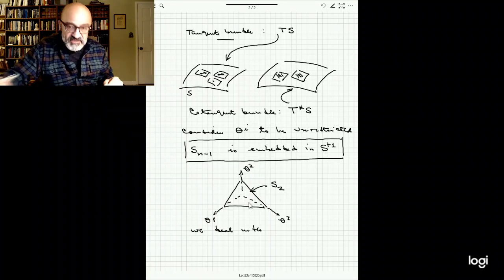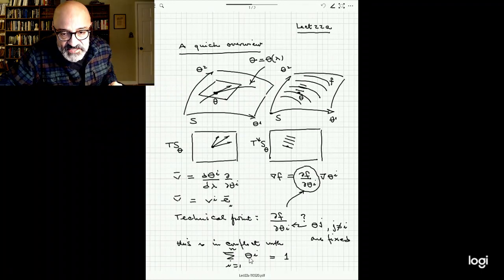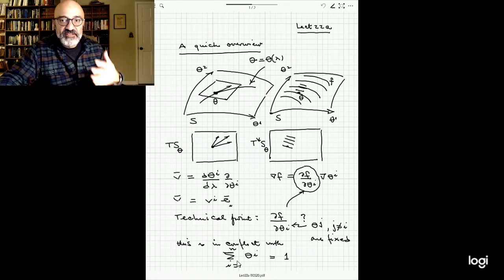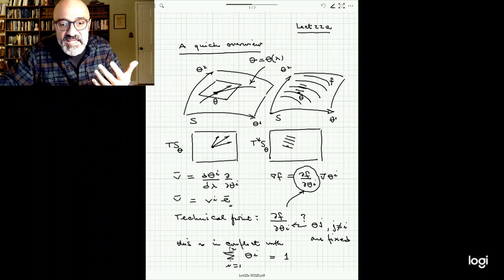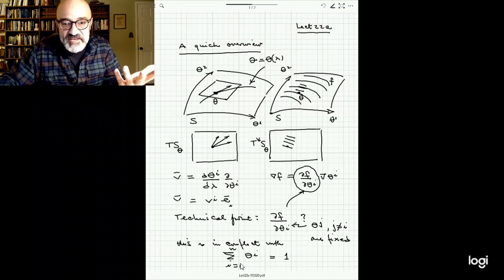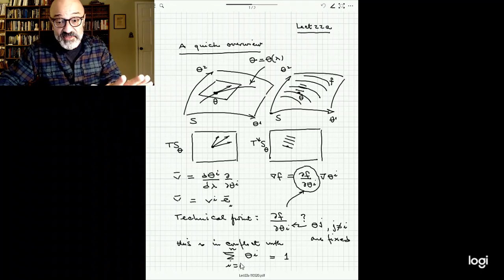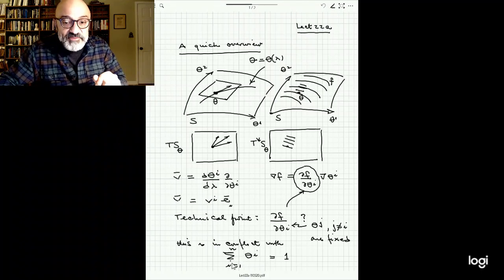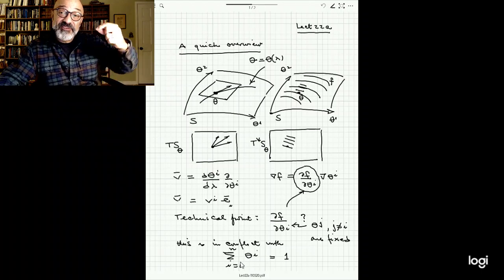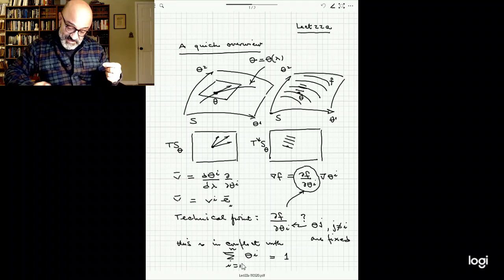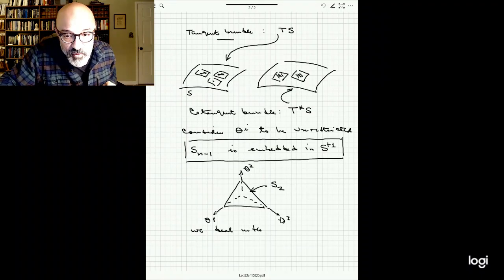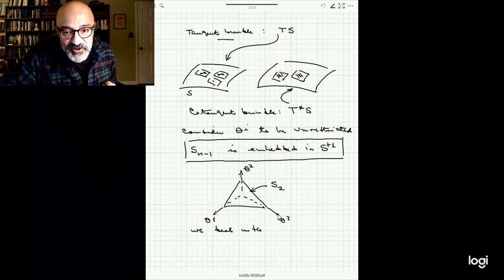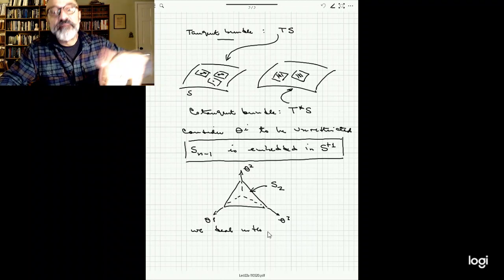Now, you might ask, but wait, couldn't we just say we take the first n minus 1 coordinates and deal with those? Theta n is a function of the previous ones, so there are only n minus 1 parameters. In principle, you could do that. But to deal with quantum mechanics, we really are going to have to deal with spaces of infinite dimension. And so when you're dealing with spaces of infinite dimension, it's very difficult to single out one of these axes and call it the special one that's dependent on all the others.